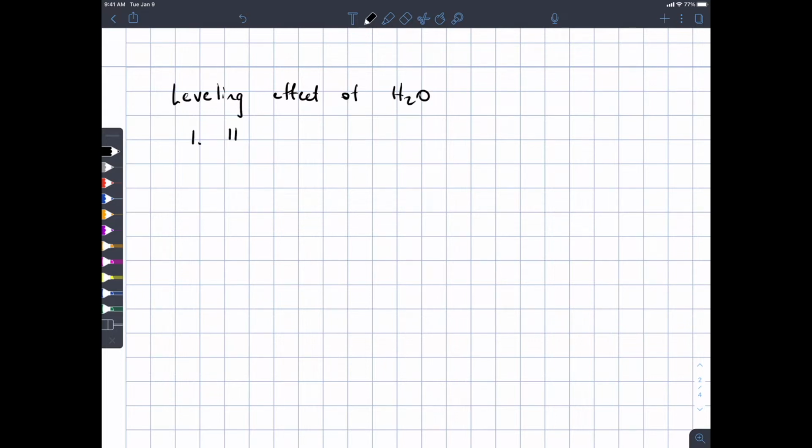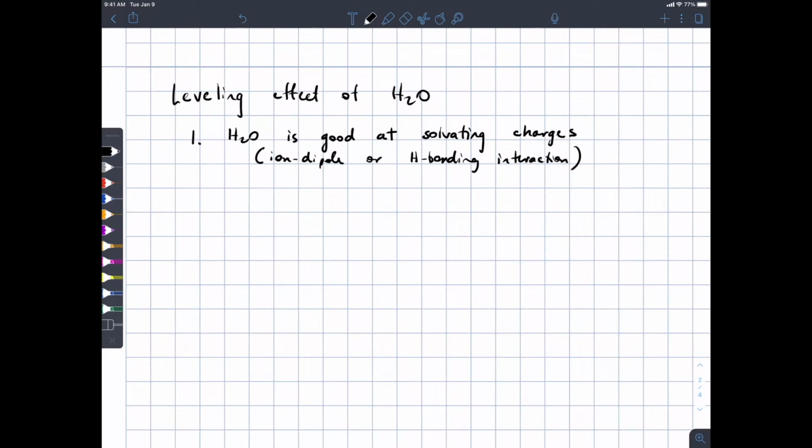First, water is good at solvating charges. What do we mean by that? Well, via ion dipole or hydrogen bonding interactions, water molecules can surround an ion and shield it from its counter ion.